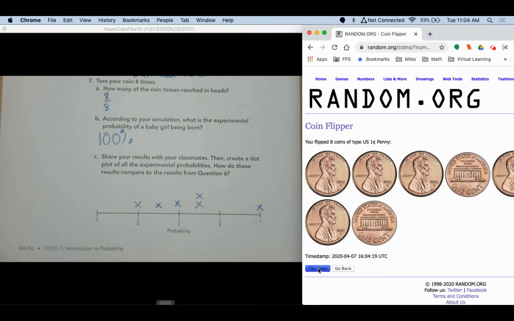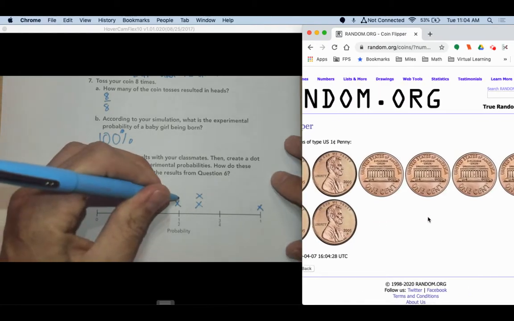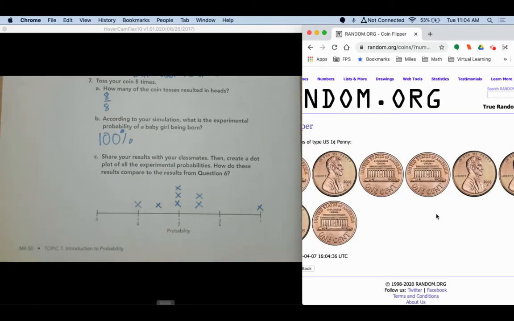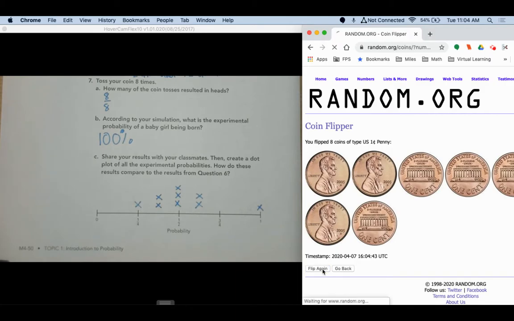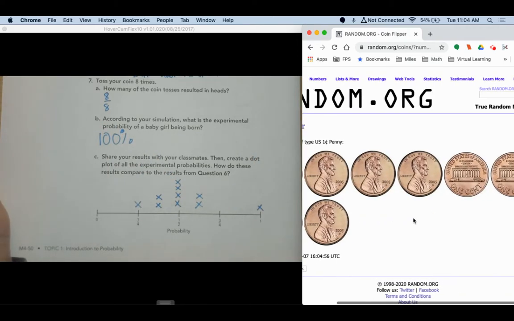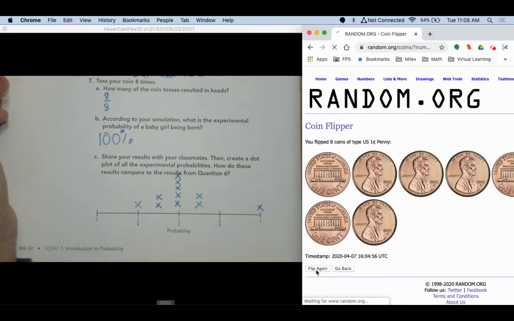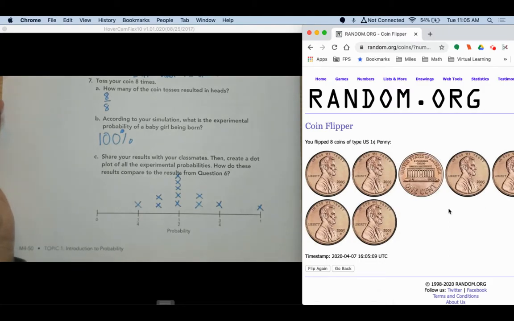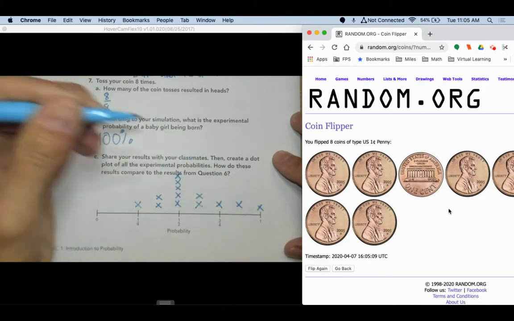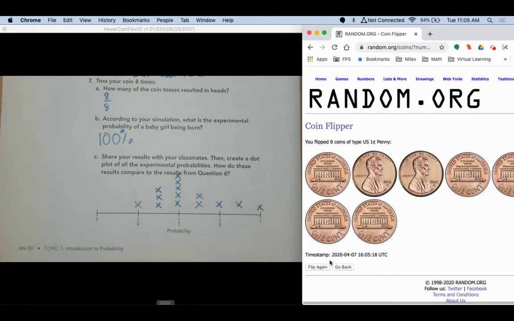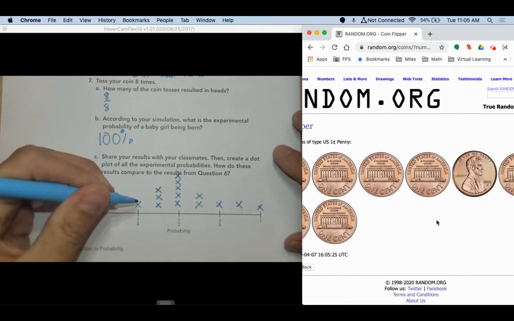That's 6 groups. 7 groups, 8 groups, 9 groups, 10 groups, 11 groups, 12 groups, 13 groups, 14 groups, and last but not least, 15 groups.